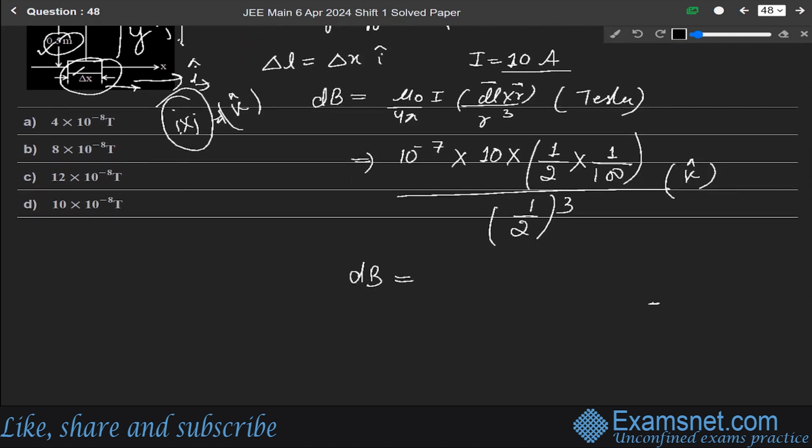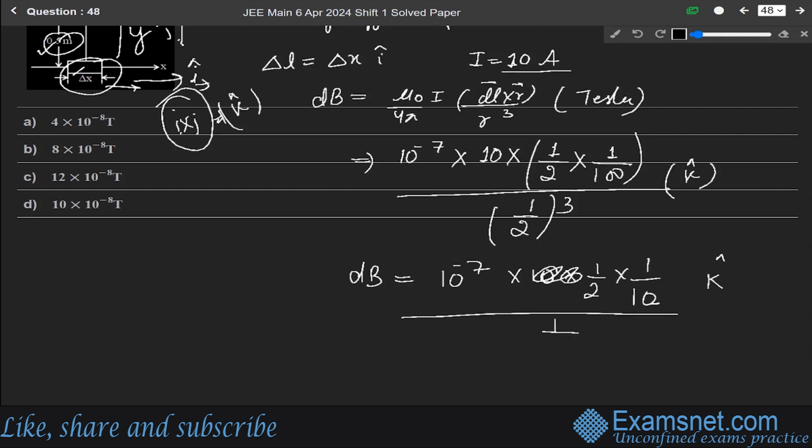So solving it, we get 10 to the power minus 7 and this is 10 into 1 by 2 into 1 by 100 means this will become 1 over 10. This is k cap over 1 by 2 cube, so this will remain 1 by 2 square and this 1 by 2 cancels this.